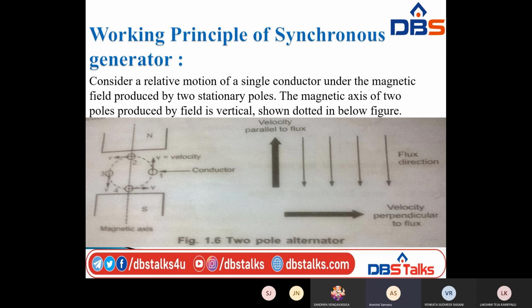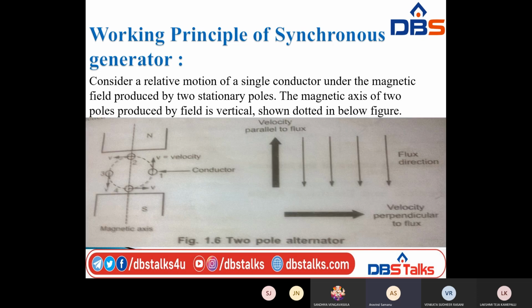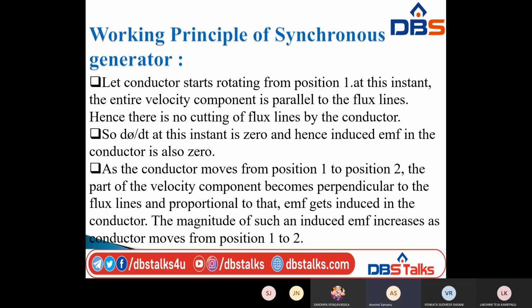Next, here first I am taking that let conductor starts rotating from position 1. So here the conductor is starting rotating from this point. At this instant, the entire velocity component is parallel to the flux lines.